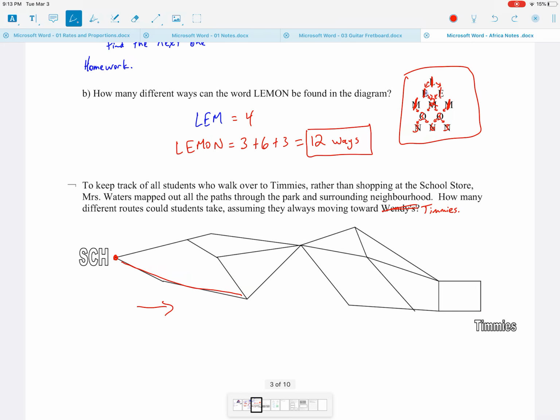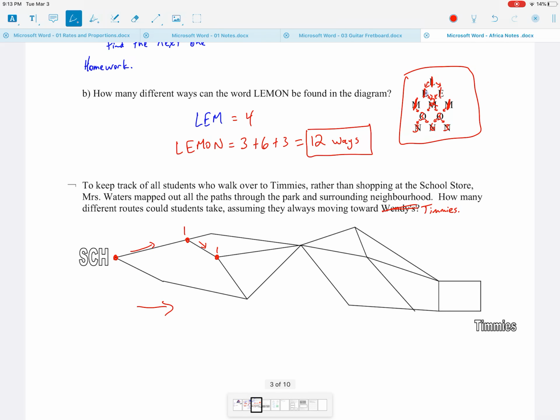So what I suggest we do is we always move left to right, okay, on this diagram, and we go to each intersection. So this is the first intersection that is left to right. And so you could come up here, and there would be one way to get there. Next intersection is right here, and this would only give us one way.